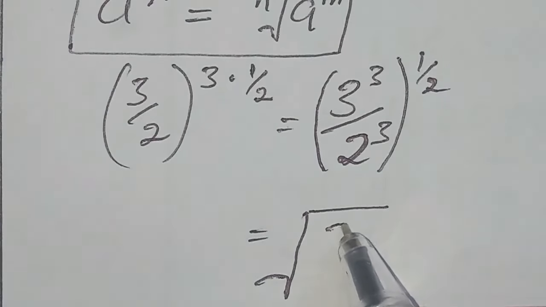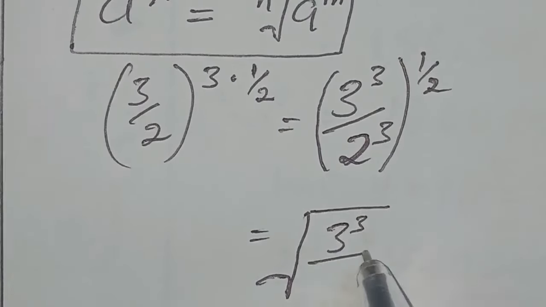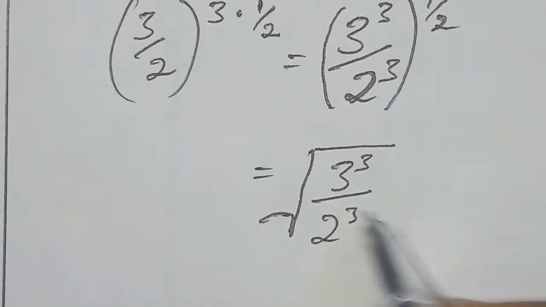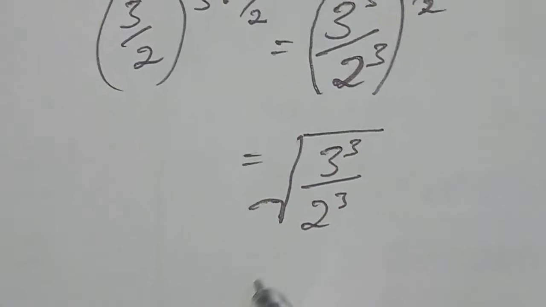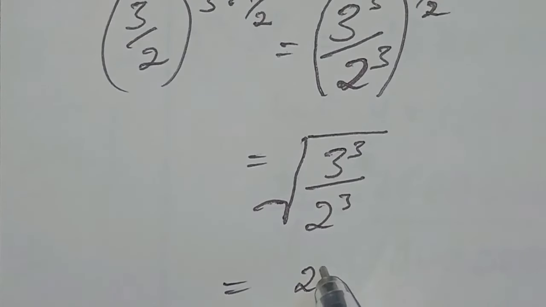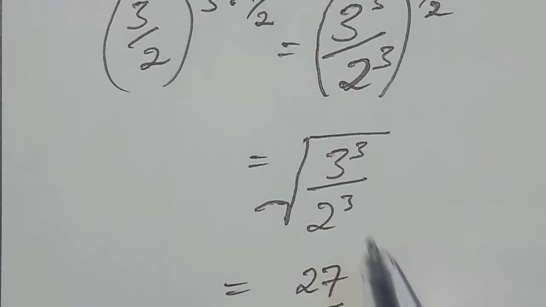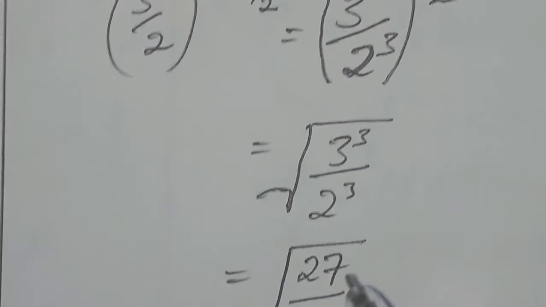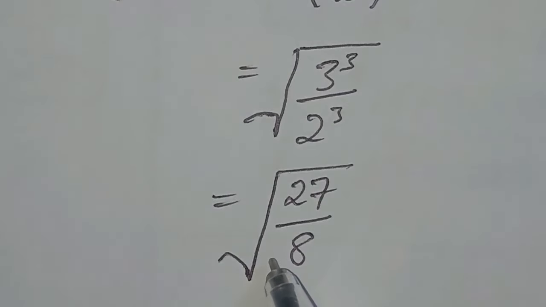So we have the square root of 3 to the power of 3 over 2 to the power of 3. If we simplify what we have in the radical, 3 to the power of 3 gives us 27, and 2 to the power of 3 will be 8. And we have our square root.